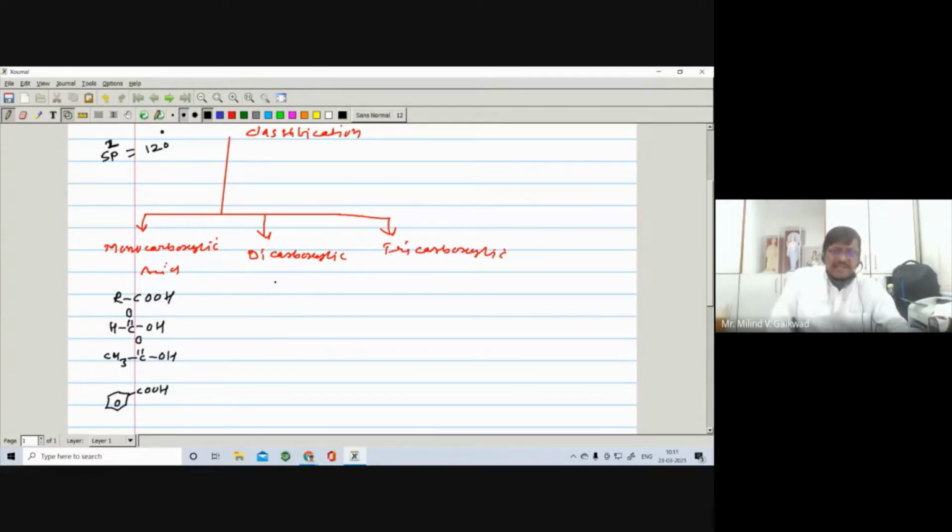A dicarboxylic acid contains two COOH groups. An example is oxalic acid. Then phthalic acid, which has a benzene nucleus with a COOH and another COOH attached, is called phthalic acid.